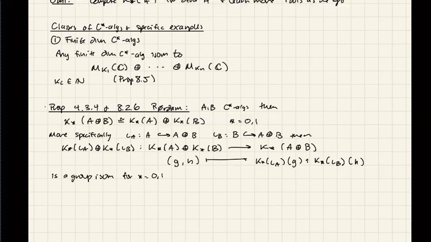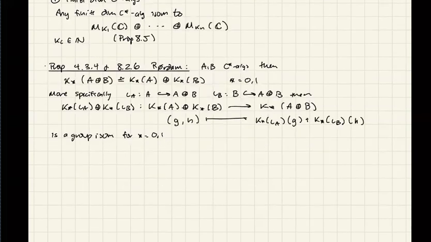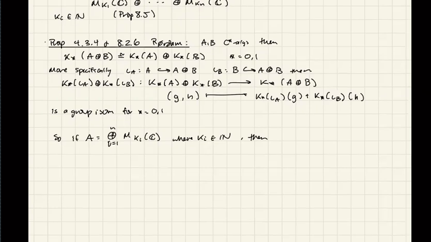So let's say that A is the direct sum of n matrix algebras, where our indices are in the natural numbers. Then we can find its K0 group and its K1 group, but we'll start with K0.